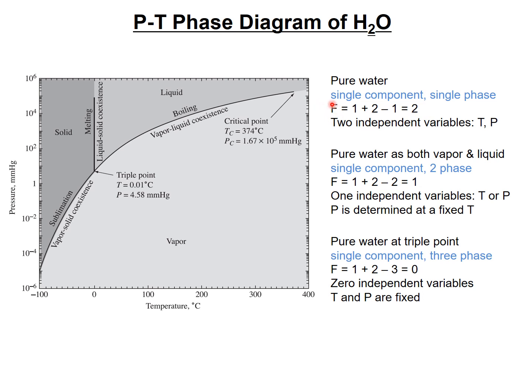So freedom is equal to one component plus 2 minus one phase. So freedom is 2. What does it mean? Two independent variables are available, which should be temperature and pressure. So I have said we have two variables.